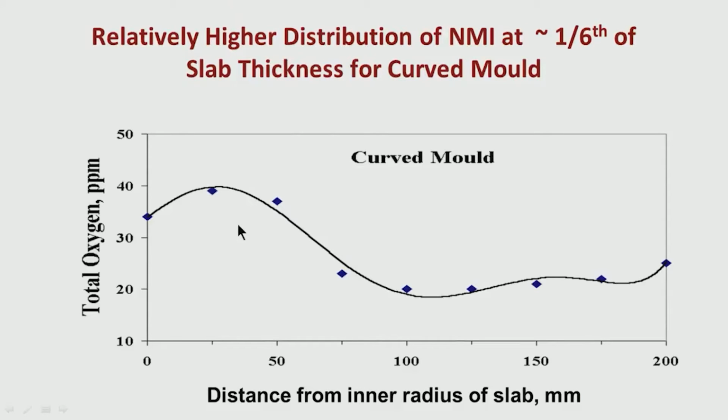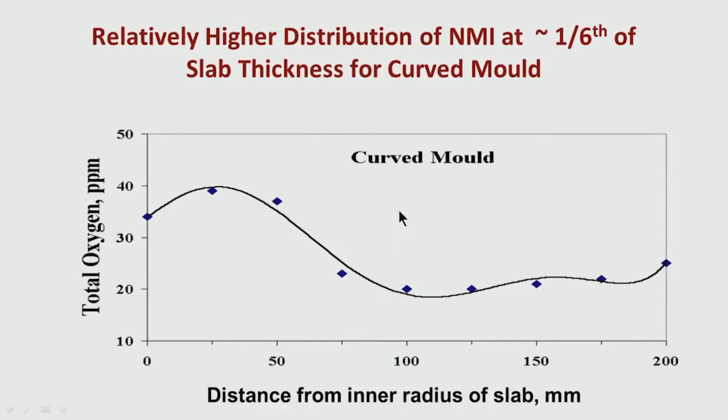Whenever this slab is rolled, if you have not toppled the slab during rolling, the bottom surface will have more defects, otherwise the top surface, that means the inner surface. So it is better to mention that the surface at the inner radius will have more defects.